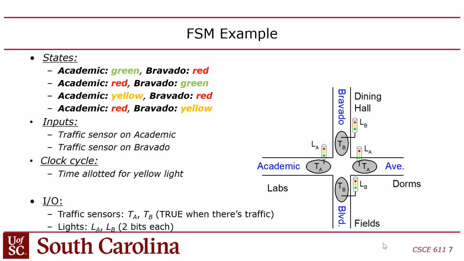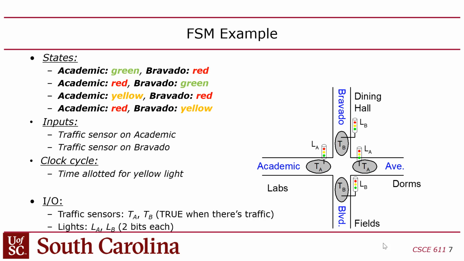Now, normally your clock is going to be megahertz or gigahertz, right? But in this example, we're assuming that the clock is really slow. In fact, it's so slow that the clock period is going to equal the time that we're in the yellow light state, how long the yellow light's on, right? So it's like a 5-second clock period, really slow clock.